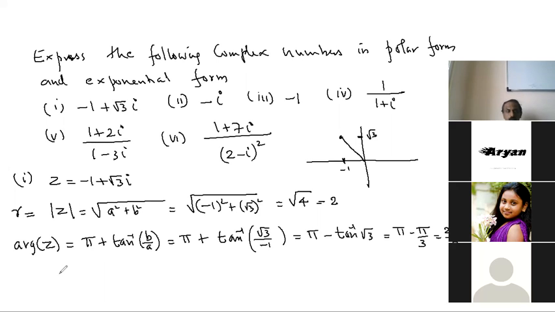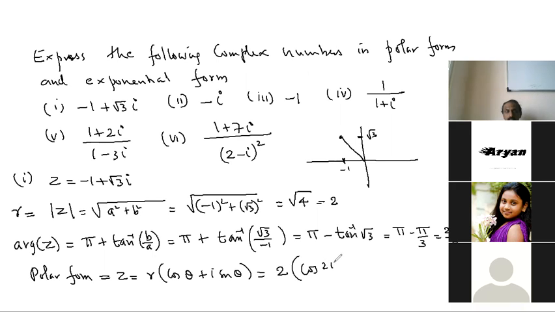So now we'll write polar form. What is the formula for polar form? R cos theta plus i sin theta. R is 2, theta is 2 pi by 3: cos 2 pi by 3 plus i sin 2 pi by 3. Try to write angle in radian as far as possible.